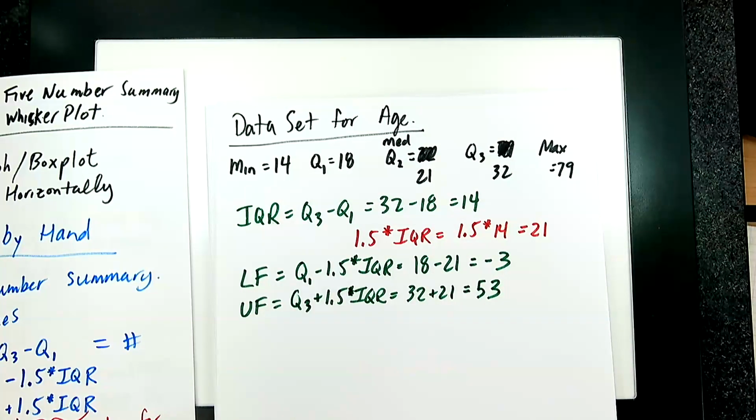We don't have any ages less than 14. Ages greater than 53 are outliers.